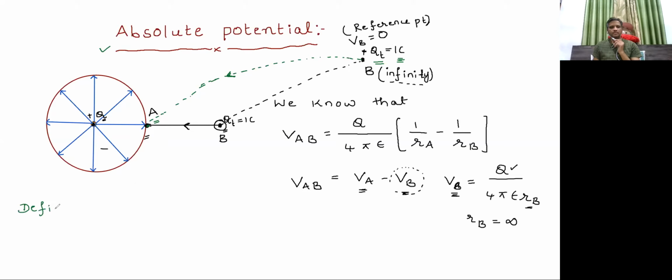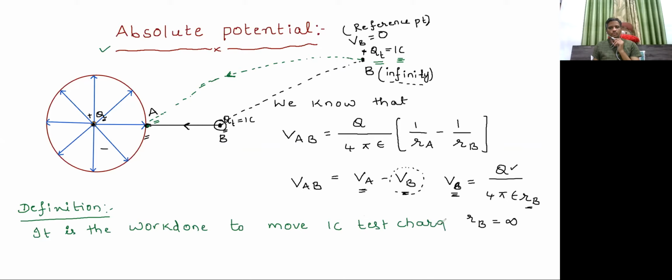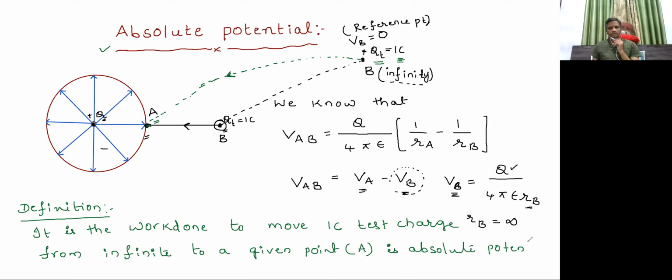So the definition of absolute potential is: it is the work done to move 1 coulomb test charge from infinite to a given point, here A, is absolute potential. Okay, so this is the definition of absolute potential.